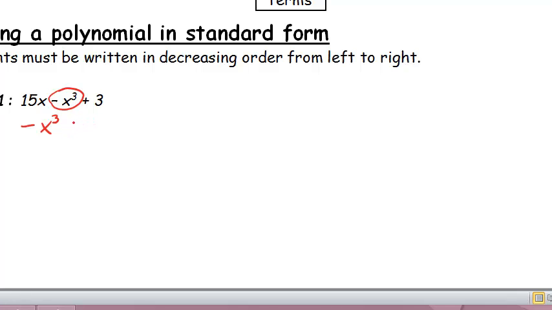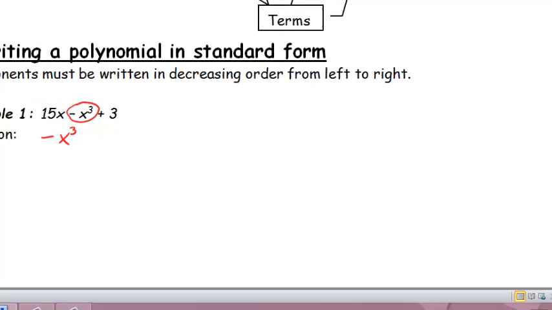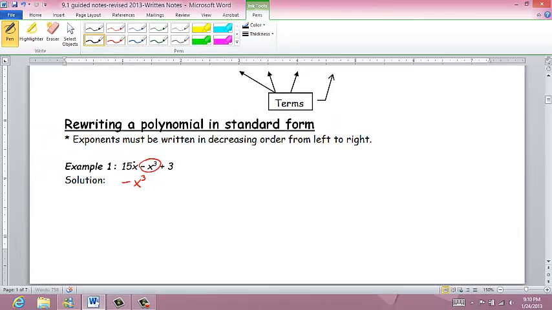What's the next term? Well, degree 1 would come before a constant, so we would take the positive 15x. Since it's positive, we would add it. And then finally, the constant would come last. Since it is positive, we would go ahead and add it. Now this polynomial is written in standard form.